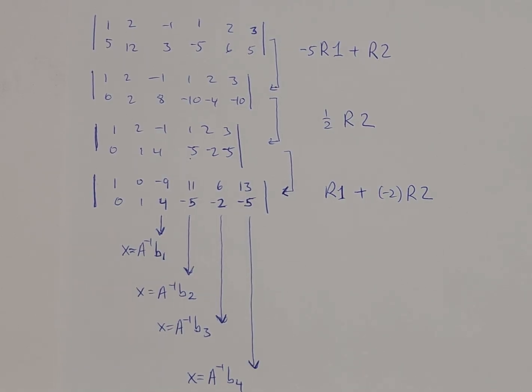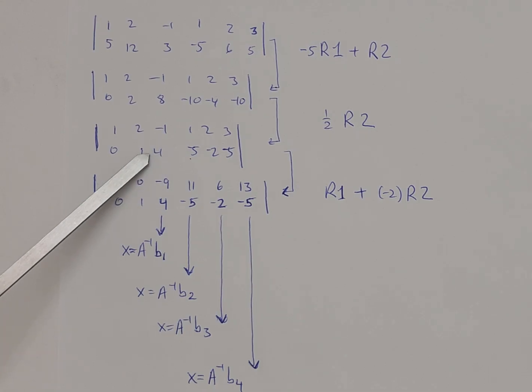Okay? Again, we want this 2 to become a 0. So the opposite of 2 is negative 2. Negative 2 times 1 is negative 2, plus 2 gives me 0.